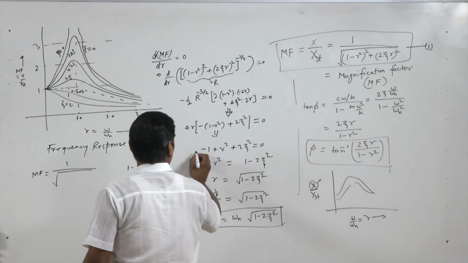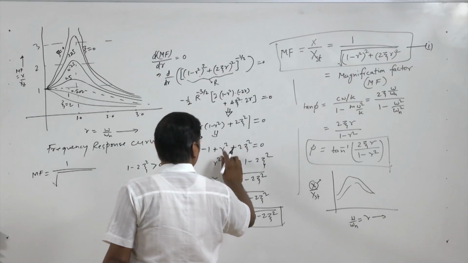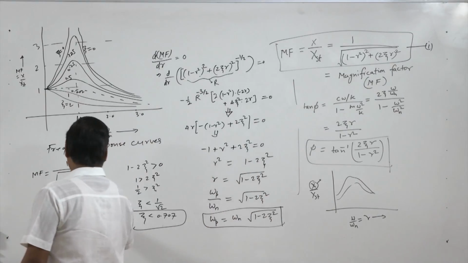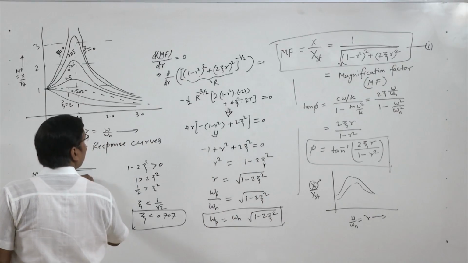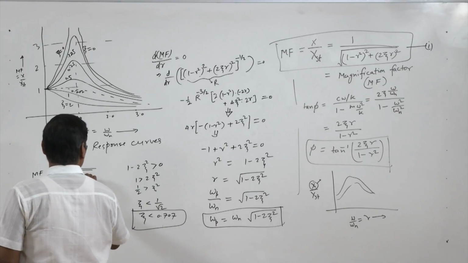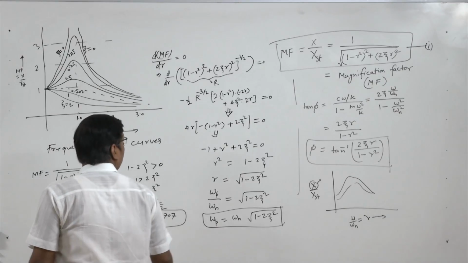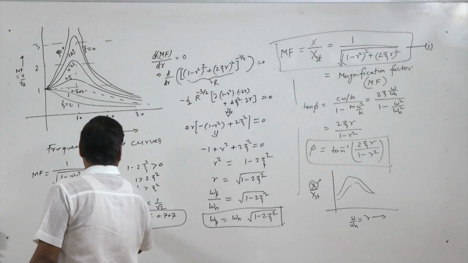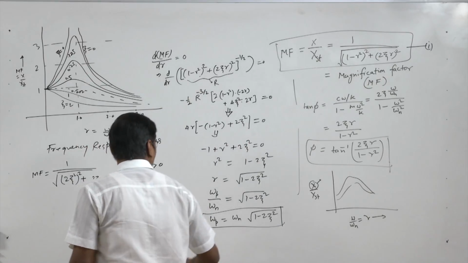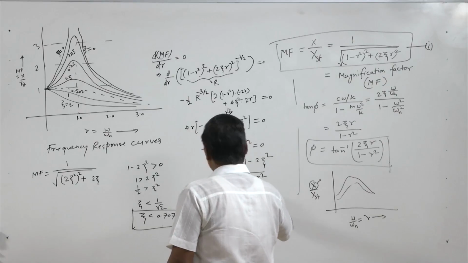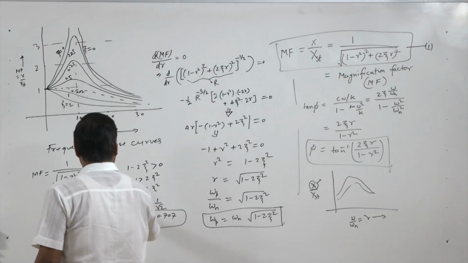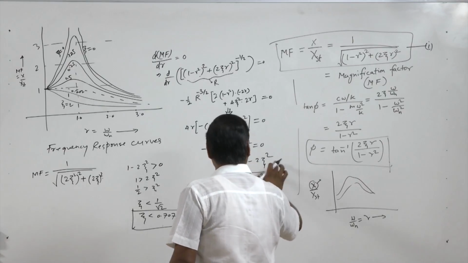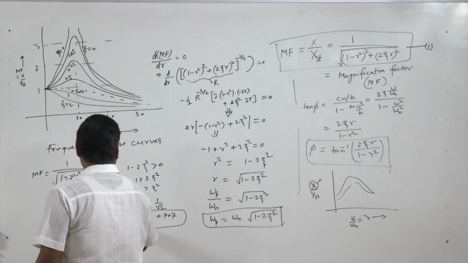From here we can write 1 minus r square equal to 2 zeta square. So here we can write (2 zeta square) whole square plus 2 zeta into r, so (2 zeta) square into r square. R square is nothing but 1 minus 2 zeta square.